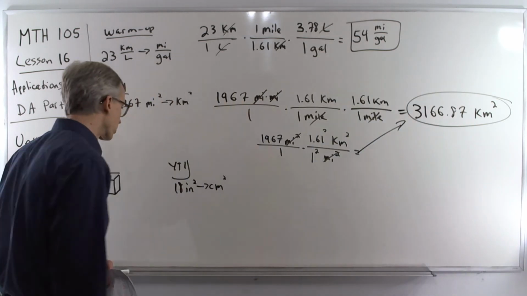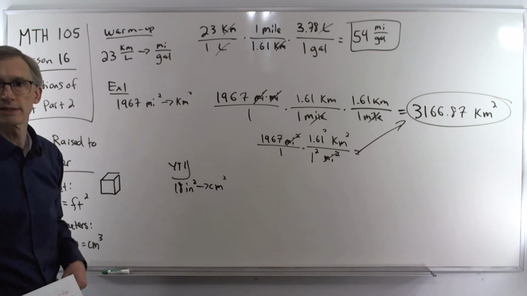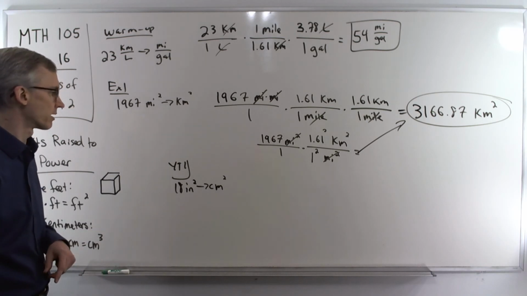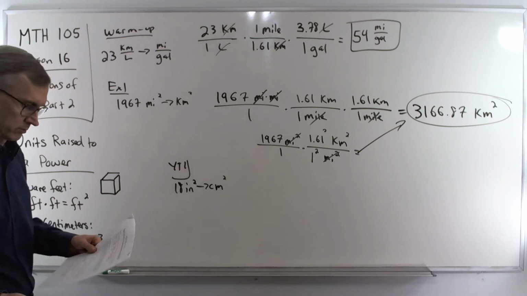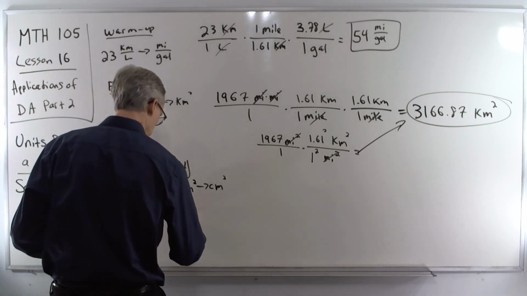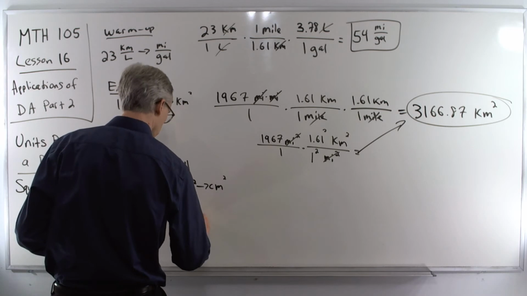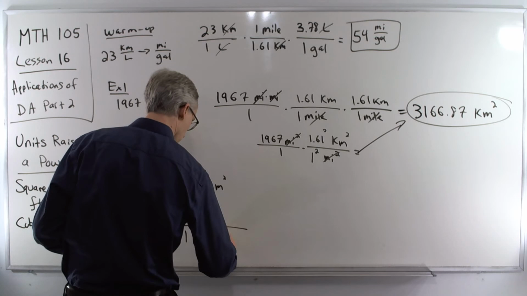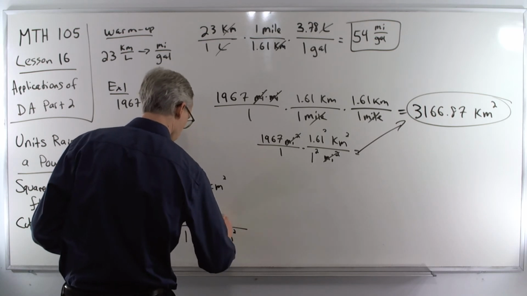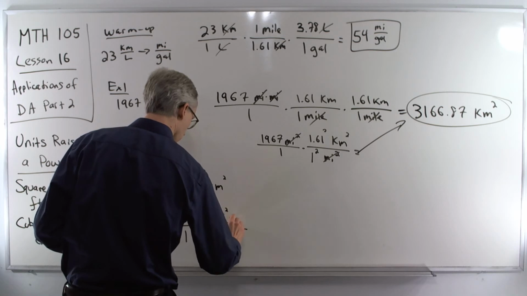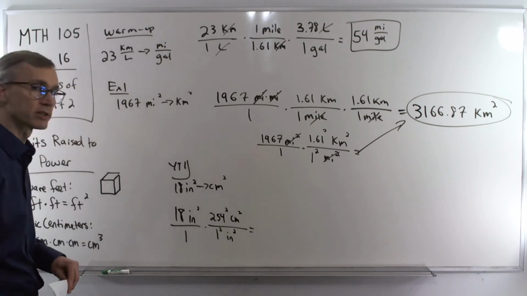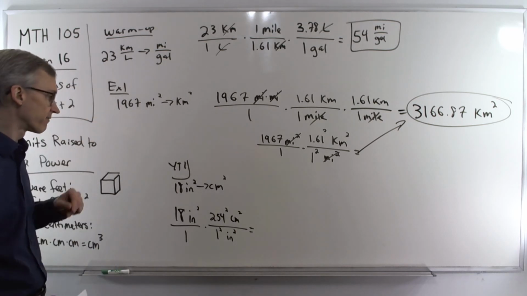Your turn number 1. You can use either syntax, doesn't matter. 18 square inches to square centimeters. The conversion factor between inches and centimeters is 2.54.